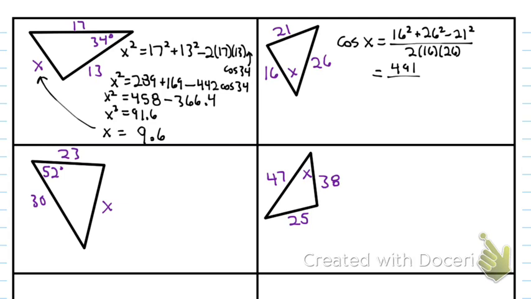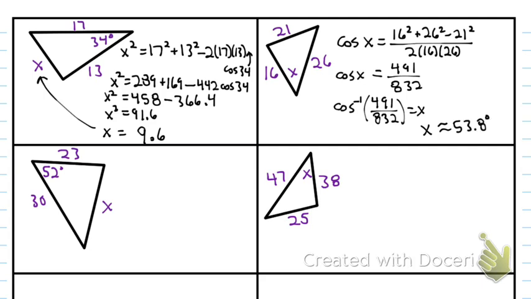Then 2 times 16 times 26 gives me 832. So we're now going to do cosine inverse of 491 over 832, which gives us angle x. That comes out that x is approximately 53.8 degrees.